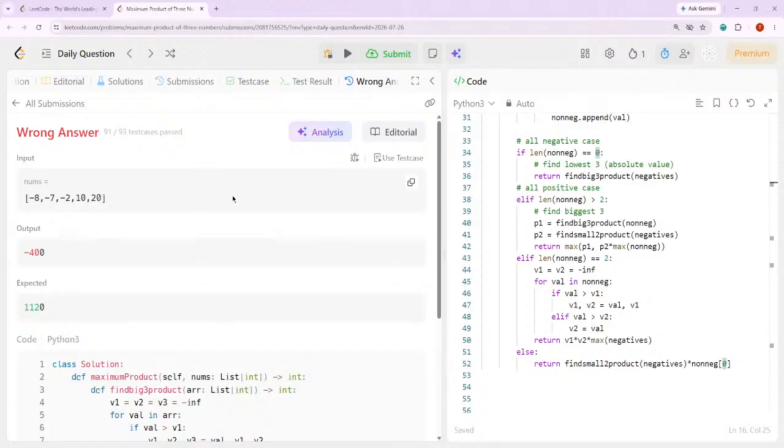So this edge case is if the length of the non-negative is 2. So technically it should be doing this edge case right here. Okay, yeah. It should be finding the smallest product too.